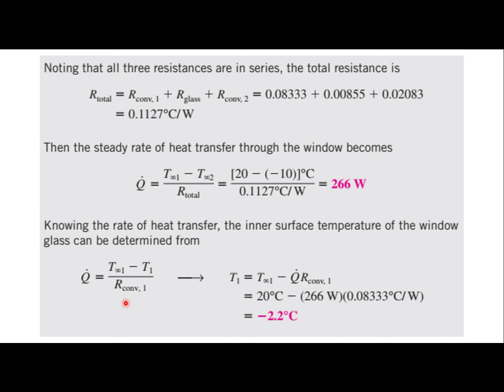The resistance that you have to use is only the convective resistance, and the Q dot, which is the rate of heat transfer, you have already determined in the previous step. By putting all the values except T1, you can get the inside wall temperature of the room, which is equivalent to minus 2.2 degrees centigrade.